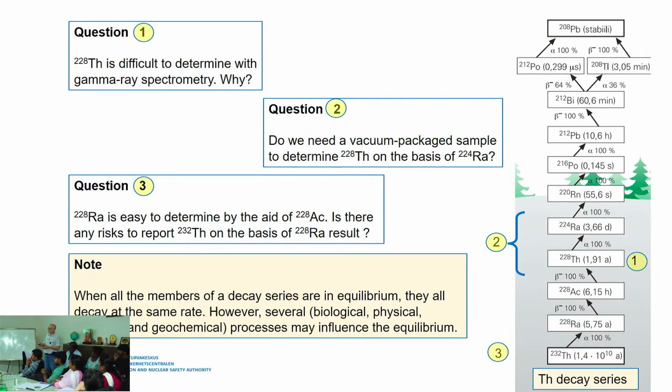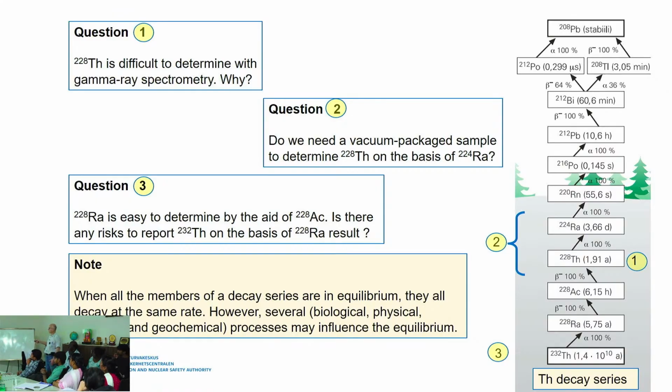Okay, one more question. And this is related also to the equilibrium. So, radium-228, this nuclide, it's also difficult to determine because it practically doesn't emit gammas, or very little.